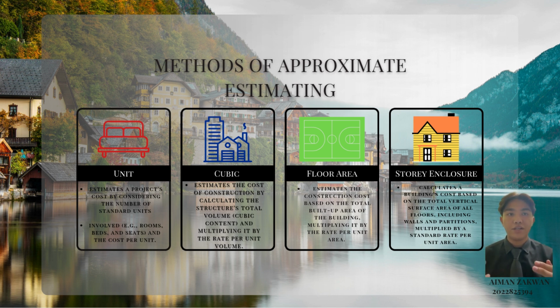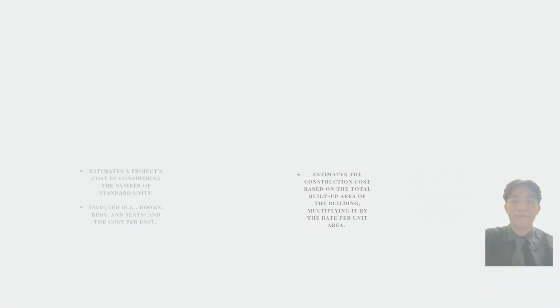For the floor area, it estimates the construction cost based on total built-up area of the building multiplied by rate per unit area. And for the story enclosure, it calculates the building's cost based on the total vertical surface area of walls and partitions multiplied by the standard rate per unit area.